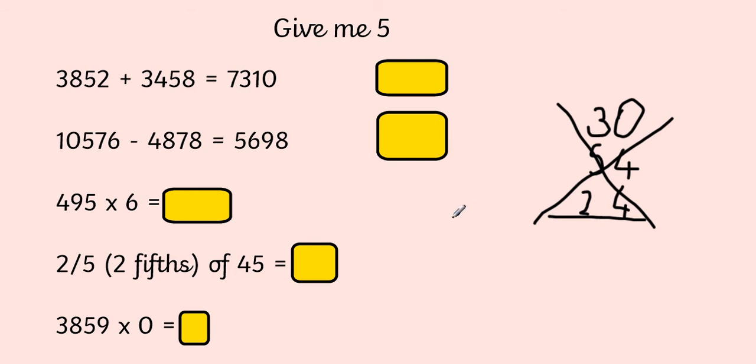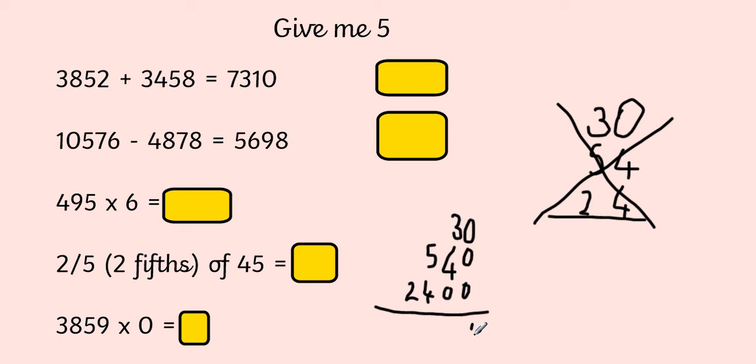Not doing that, remember, it'll be 30, add 540, not 54, because we're not timesing by 9, times by 90, and then 2,400 we need to do, because we are timesing by 400, not by 4. Well done if you spotted that mistake.